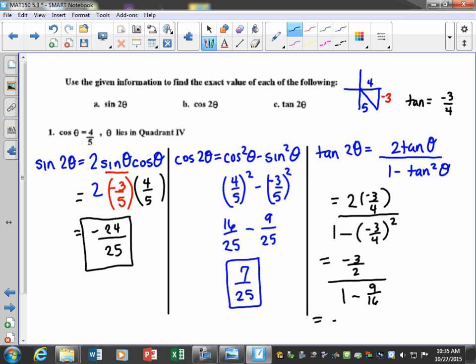So -3/2 divided by 1 minus 9/16, which is 7/16. Okay, multiply by the reciprocal, 16/7, which simplifies to -24/7.